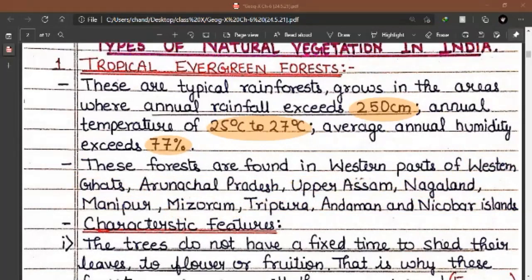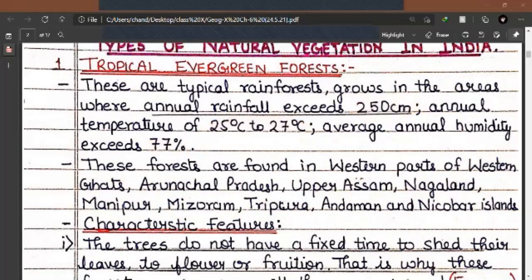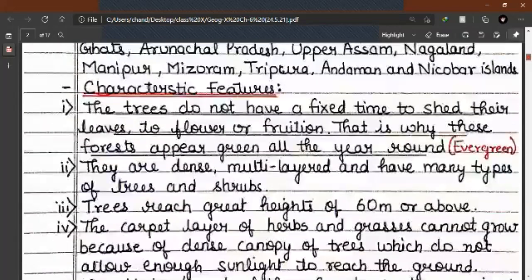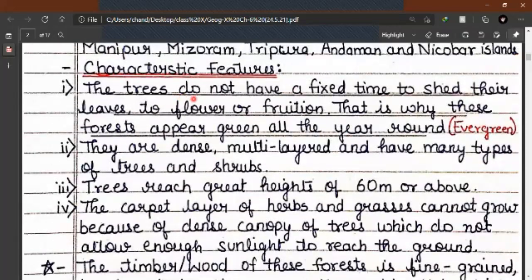Now we will discuss the characteristic features of tropical evergreen forests. So the first feature is the trees do not have a fixed time to shed their leaves, to flower or fruition. That is why these forests appear green all the year round, hence known as evergreen forests.